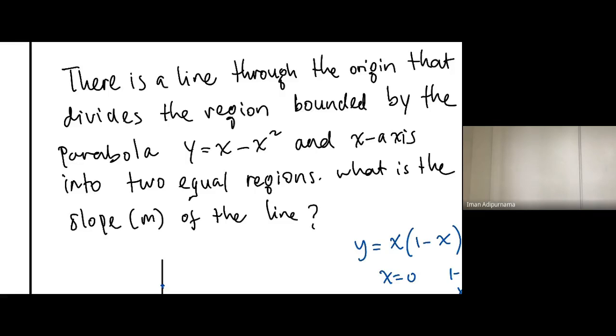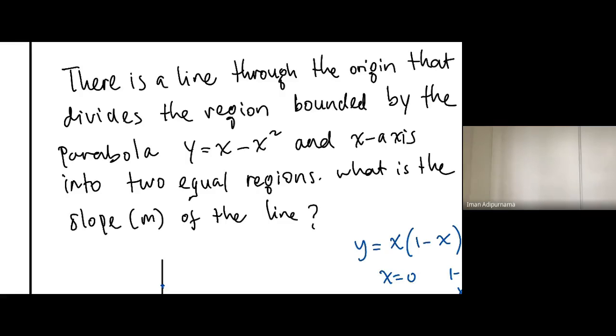If you don't know what origin means, 0, 0 is the origin. So of course, if you have a line through the origin, the line will be y equals a constant times x. Let's just say m because we want to calculate m.